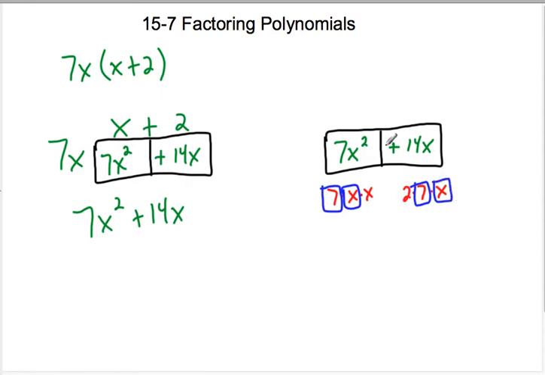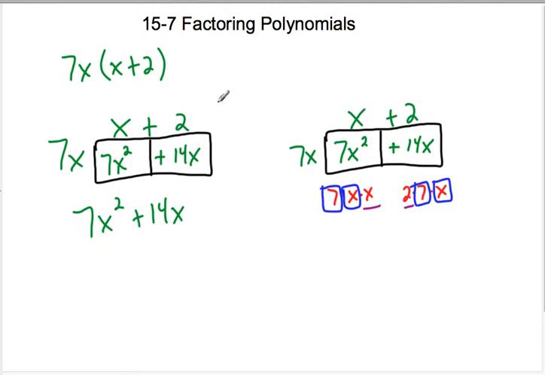Okay. And so if you factor out 7x, that's what goes out here. And then what's left over, what I've underlined here, goes up top. So the x from this and the plus 2 from that. And so you can see we end up with the same thing.